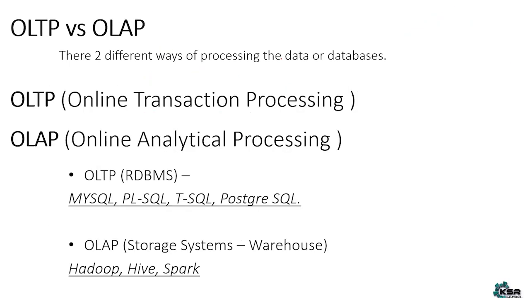Now coming down to OLAP and OLTP. Let's not confuse all these things in one single go. See, there are different languages. Now let's segregate this. If you are learning English, English is one language, Hindi is one language, and there are some South Indian languages.